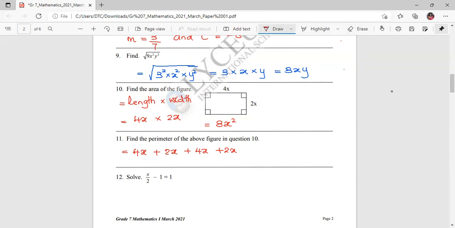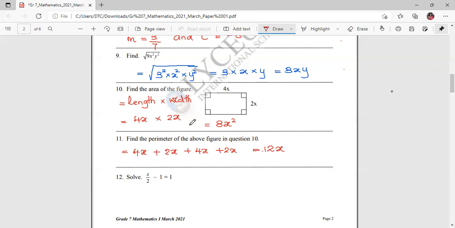So what will be the answer? 4x plus 2x, 6x. 6x plus 4x, 10x plus 2x, that is 12x. Again, we don't know whether it's centimeters or meters. We don't have the unit values. We just keep it as 12x.